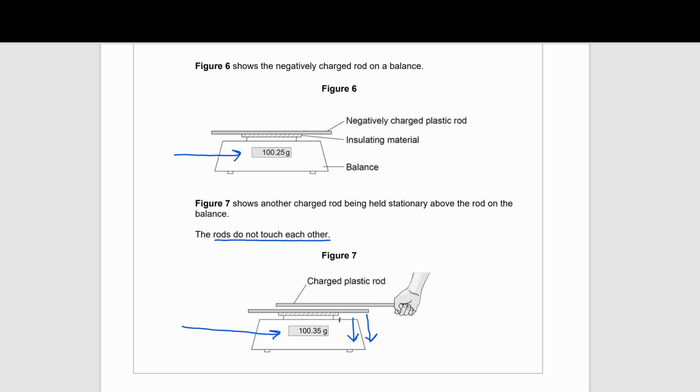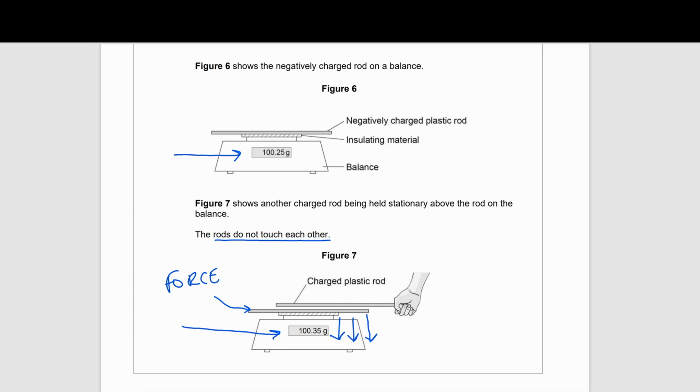This rod is not changing in its mass. So if the rod is not changing in its mass, the only other way for the balance reading to go up is for some sort of force to be applied to this rod that's on the balance.